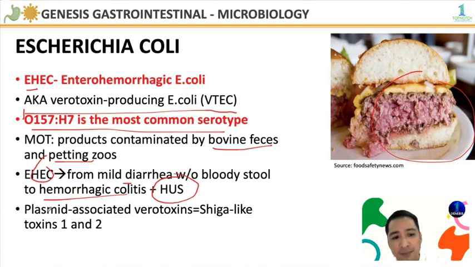And we have your plasmid-associated verotoxins, one of the factors you have to remember with EHEC. These are just like your Shiga-like toxins 1 and 2. Both toxins will inhibit protein synthesis in the large intestine, causing a nicking in the 60S ribosome.